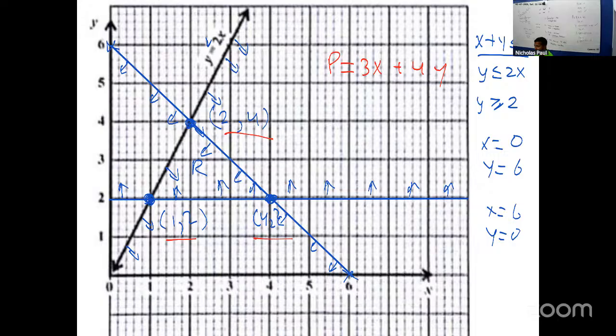See which one is maximum. Tell me now. Plug in your points and see.